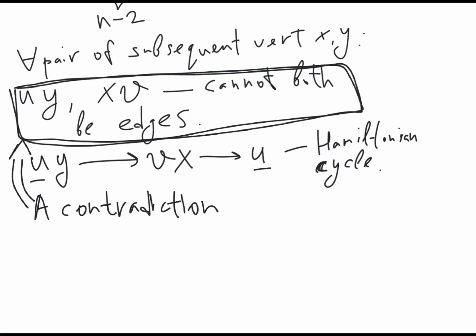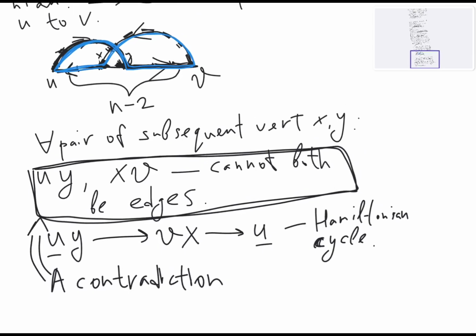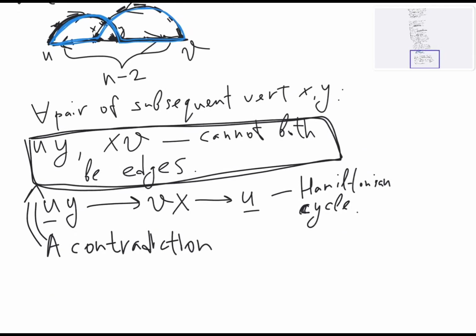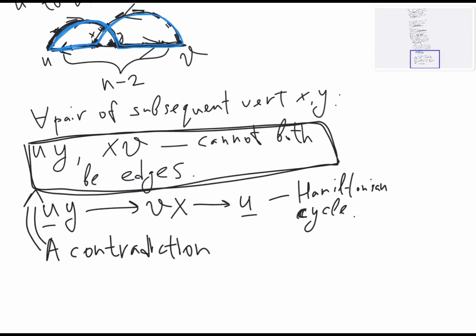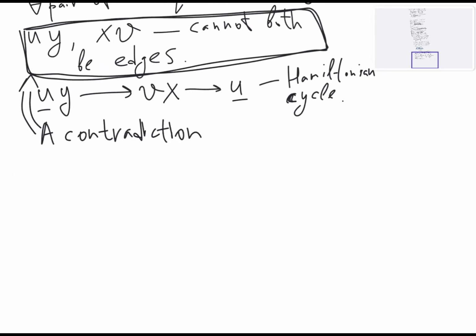But this means that basically we find that there cannot be too many edges between u and v, because for any, so let's draw again.